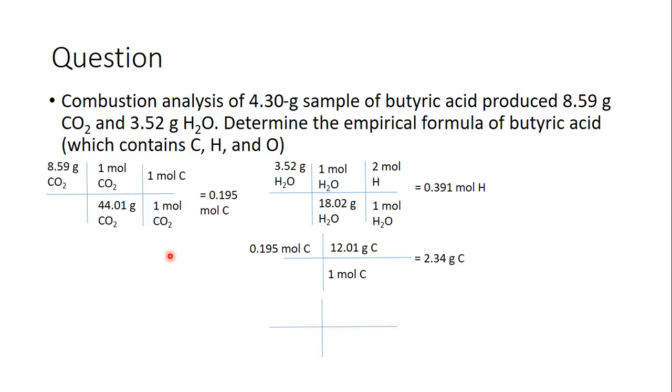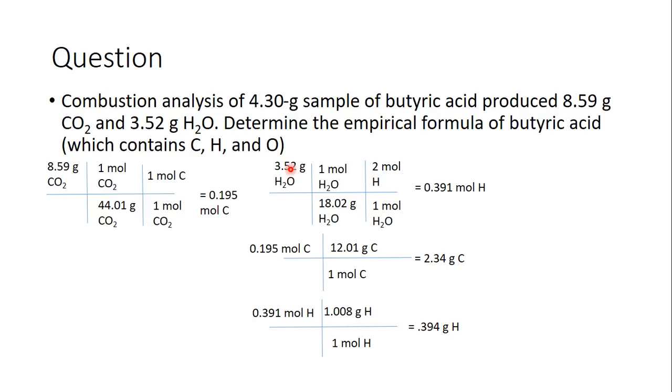How about hydrogen? How much of this weight is due to hydrogen? Well, we have 0.391 moles of hydrogen. 1 mole of hydrogen is 1.008 grams of hydrogen. Therefore, the weight of hydrogen in this sample is 0.394 grams of hydrogen.